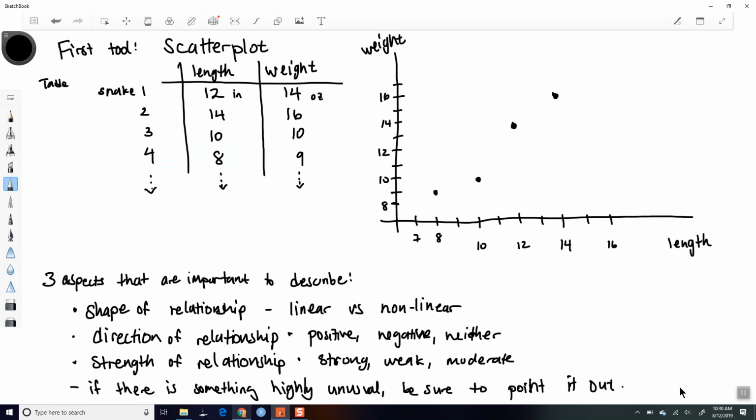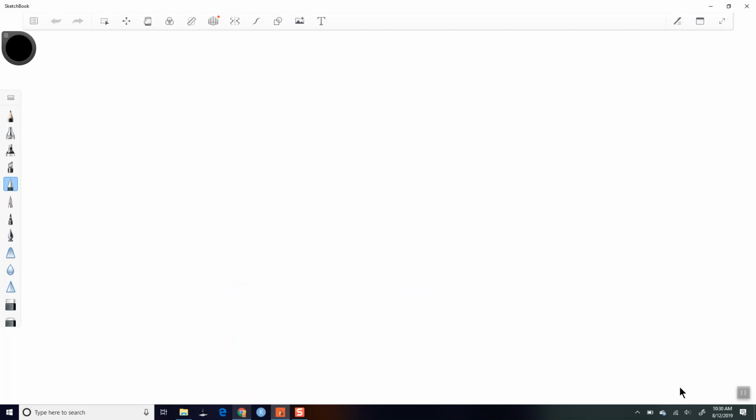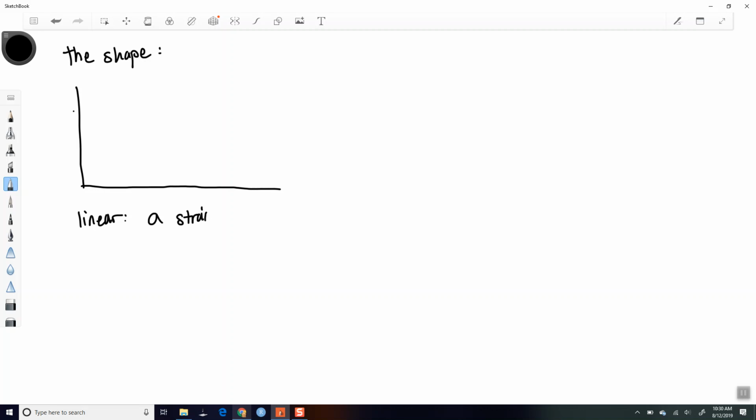Okay. All right, so we'll start off with describing the shape. Okay, linear versus nonlinear. All right, so the shape, okay, so linear means a straight line can summarize the relationship.